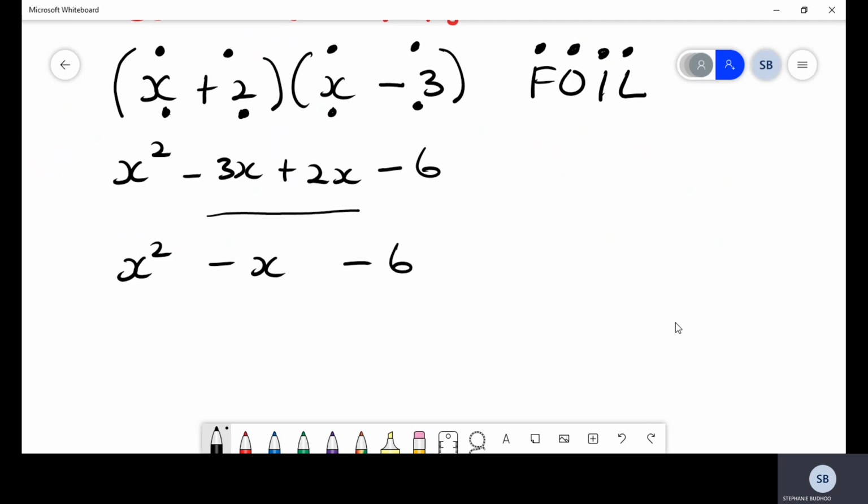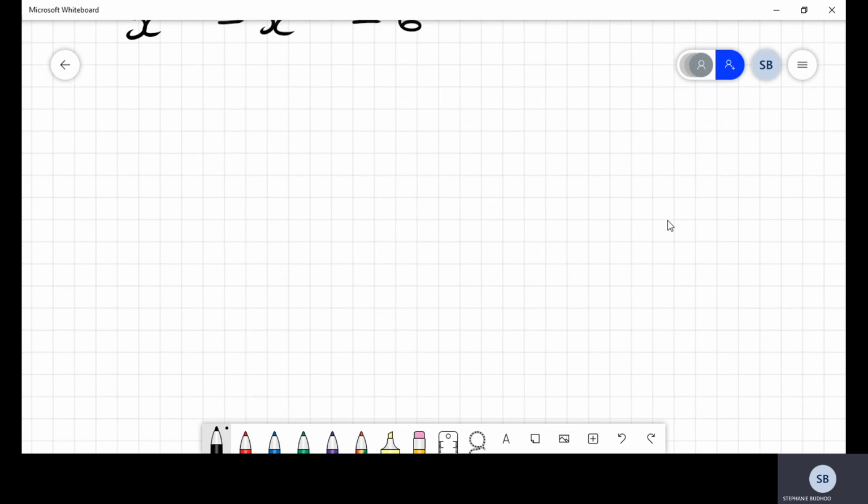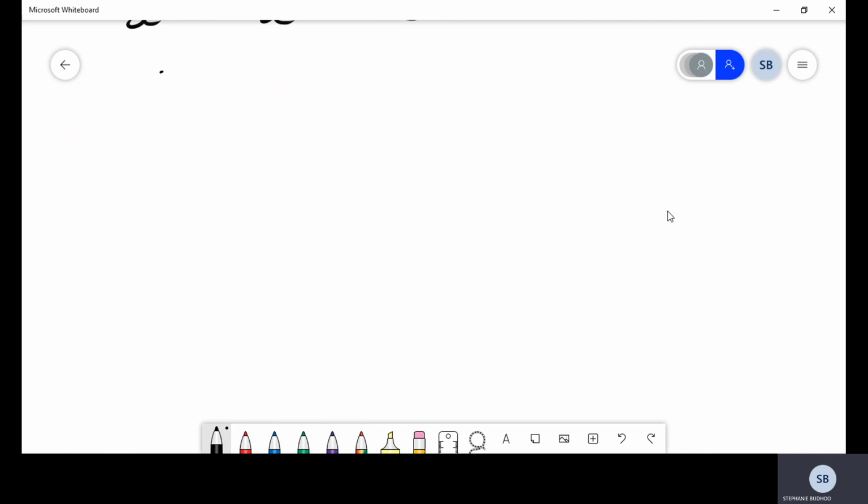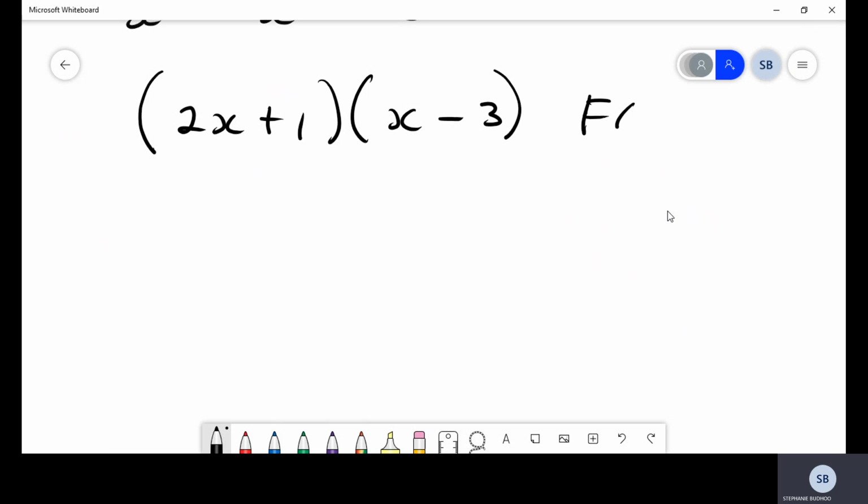Let's look at yet another example. What if we had 2x plus 1 multiplied by x subtract 3? I will set up my FOIL here and let's see how this goes. Our first terms are 2x and x. 2x multiplied by x gives us 2x squared. Next up, we have our outer terms, which are 2x and the extreme negative 3.